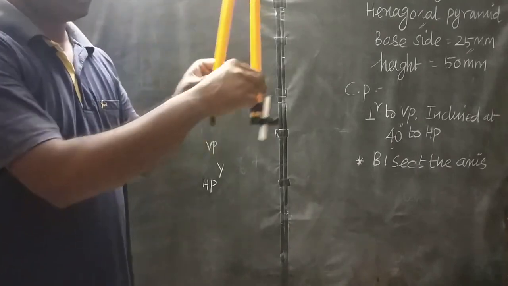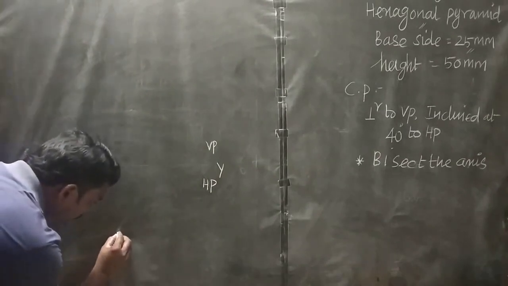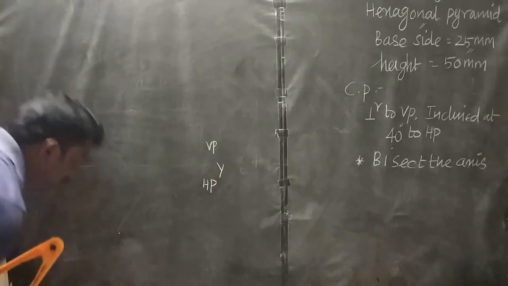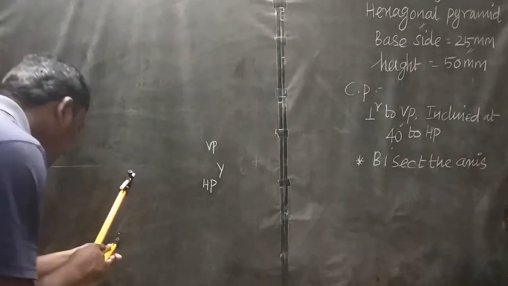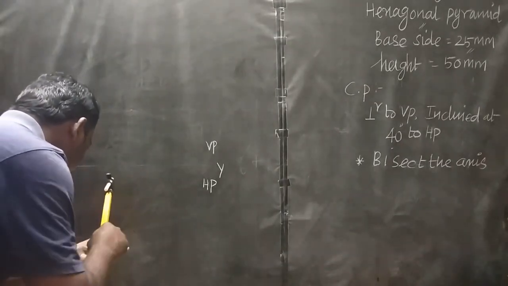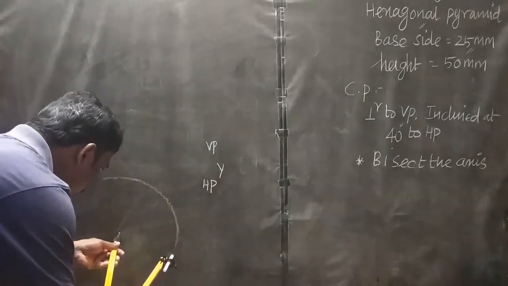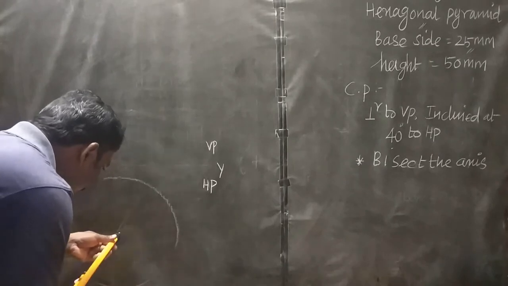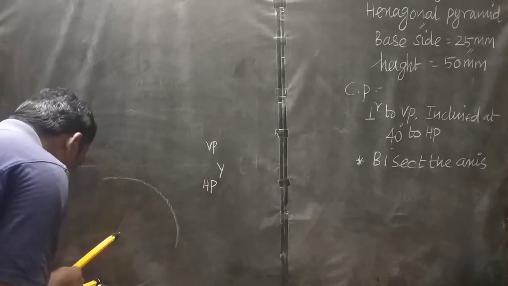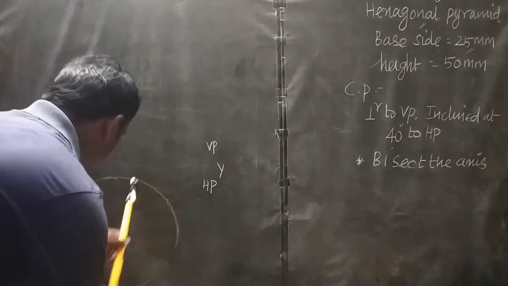Take your compass, set 25 mm, randomly pick one point in the HP area, and with this point as center draw one circle lightly. This is the reference circle to construct the hexagon, and it is not our required circle.